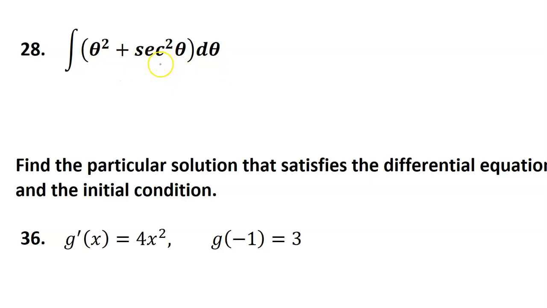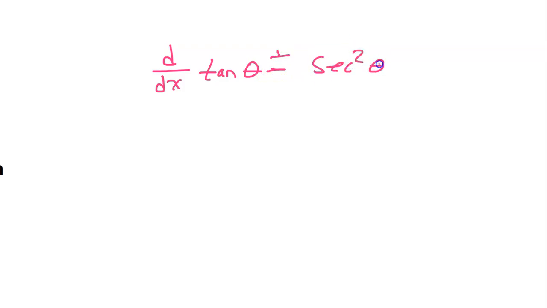Oh, we have a trig function here. So quick review. We have learned in a previous lesson that the derivative of tangent is secant squared. I'm not sure why I wrote my equal sign so weird.